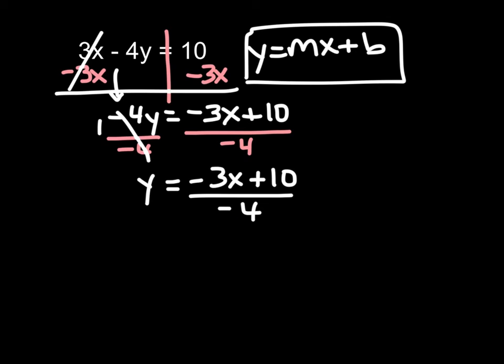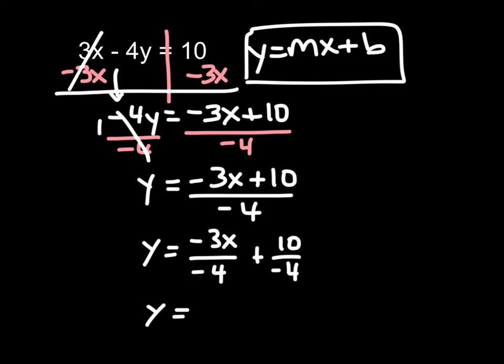Okay? So, when we rewrite this, we're going to say -3x needs to be divided by -4, plus, because we have that plus sign right here, right? Plus the 10, and that also needs to be divided by -4. So we have y equals, now, remember what negative divided by a negative is? It's a positive.